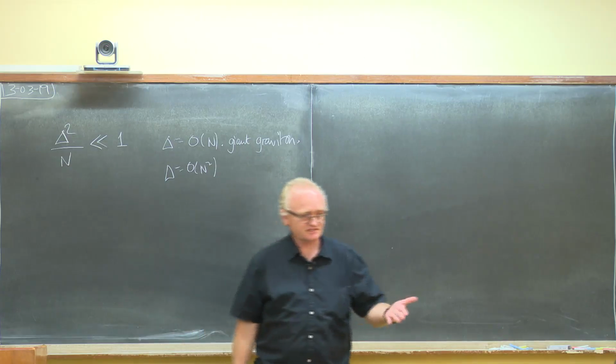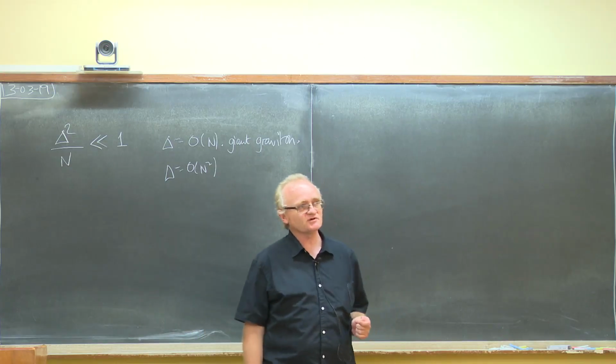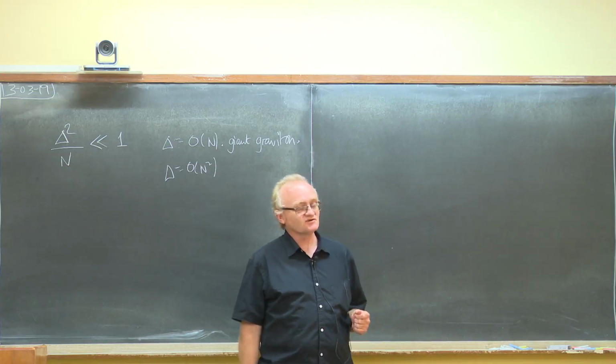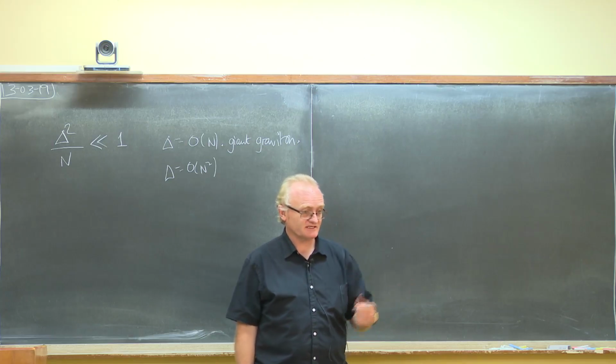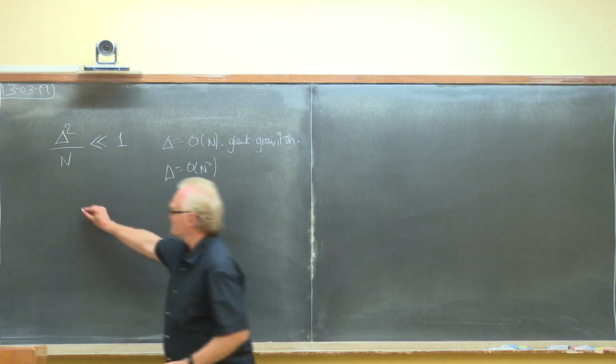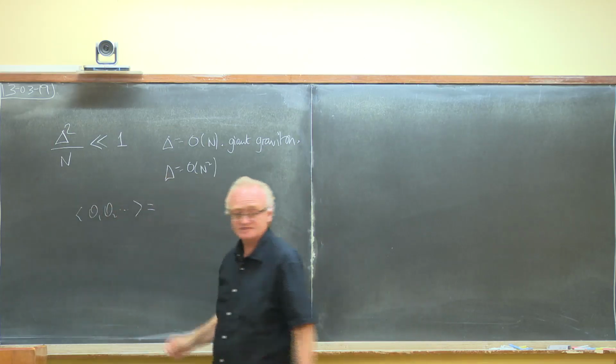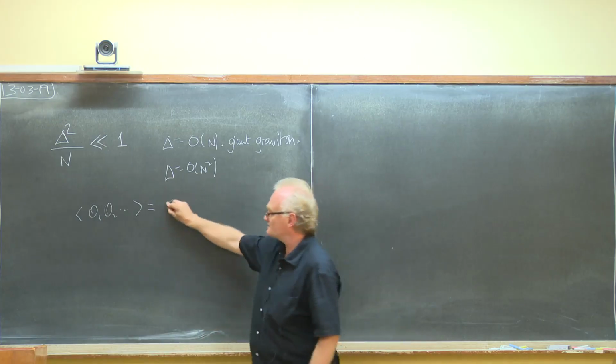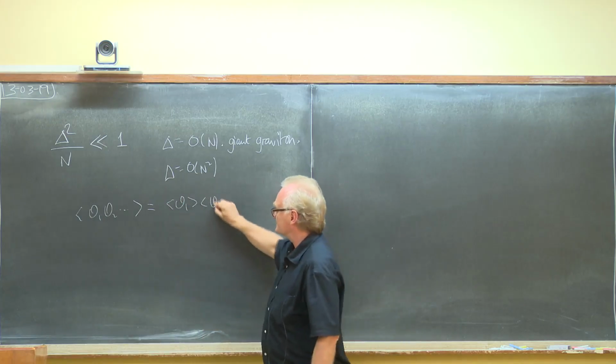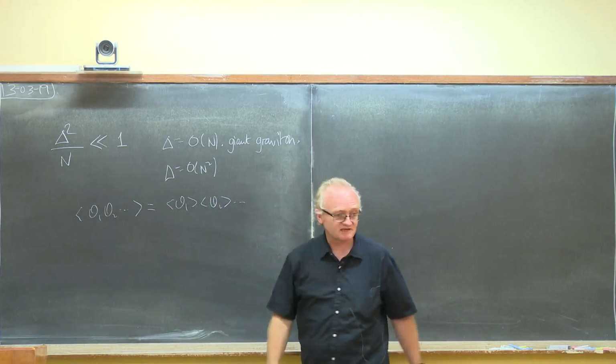So this has been asked. One of the things that you're used to from the large n limit is factorization. If you have some product of gauge invariant observables, the expectation value of the product at large n is the product of the expectation values.